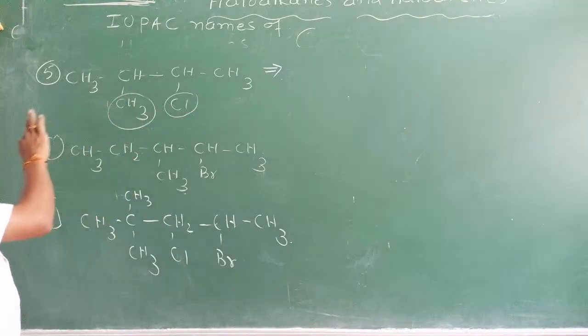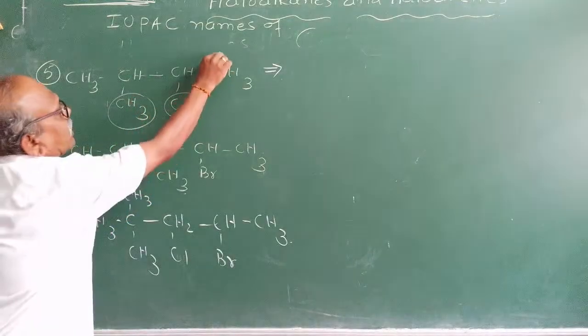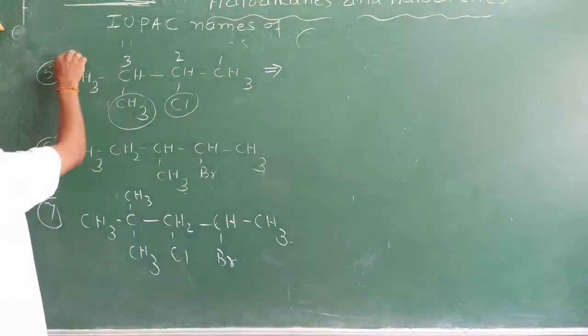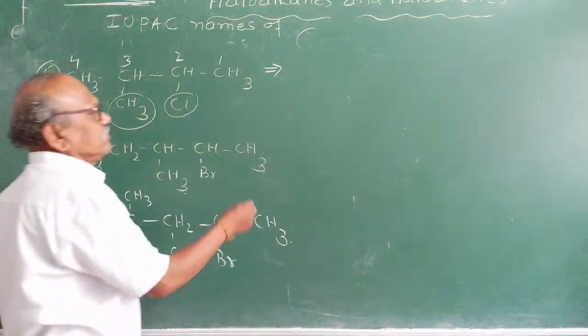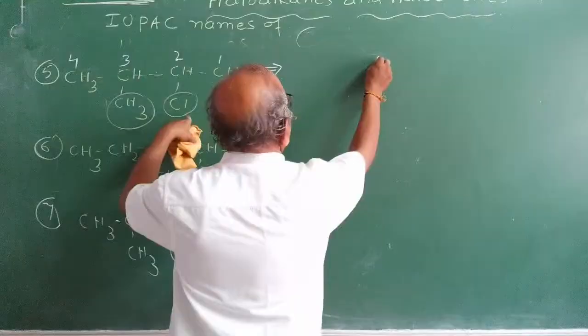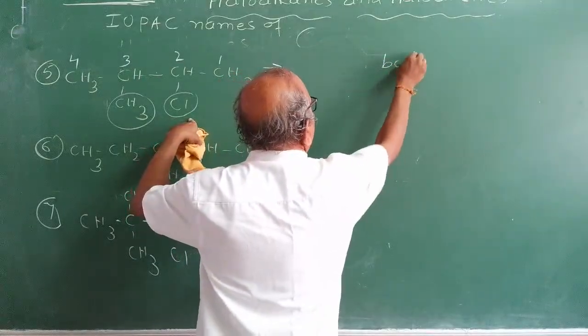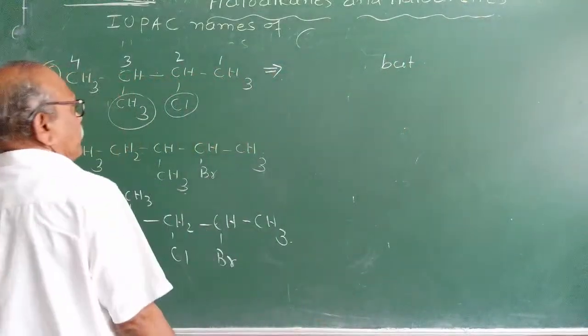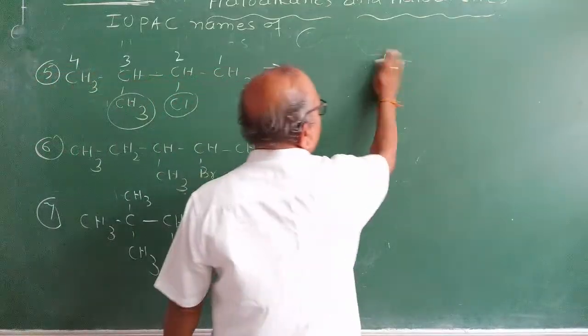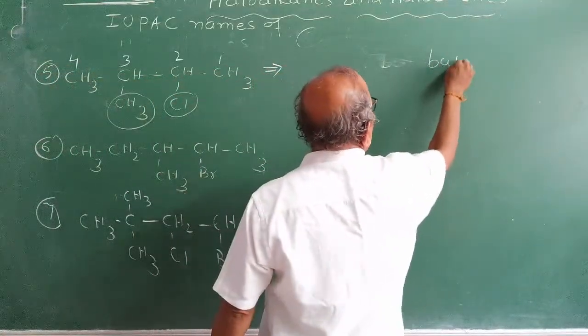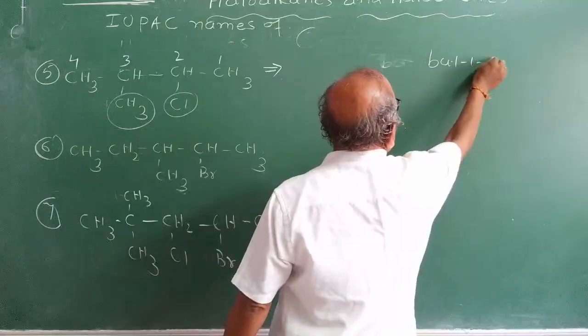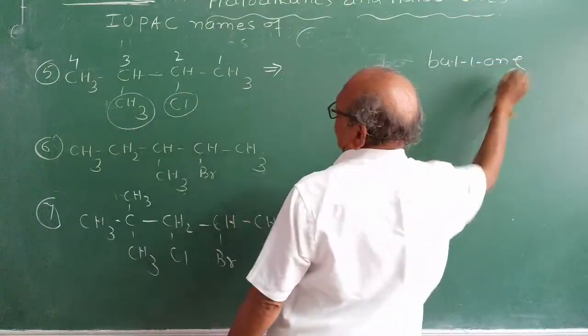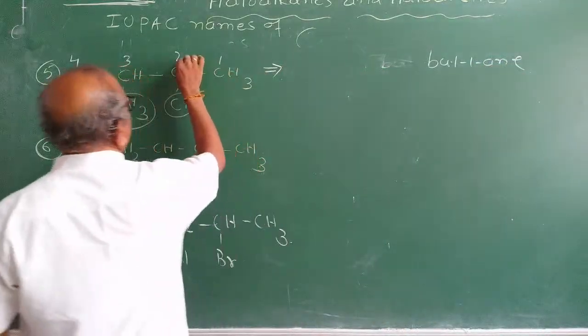From that end, you have to number. See, 1, 2, 3, 4. Root word is but. Suffix: only primary suffix will be there. Therefore, you will get butane. What are the prefixes?